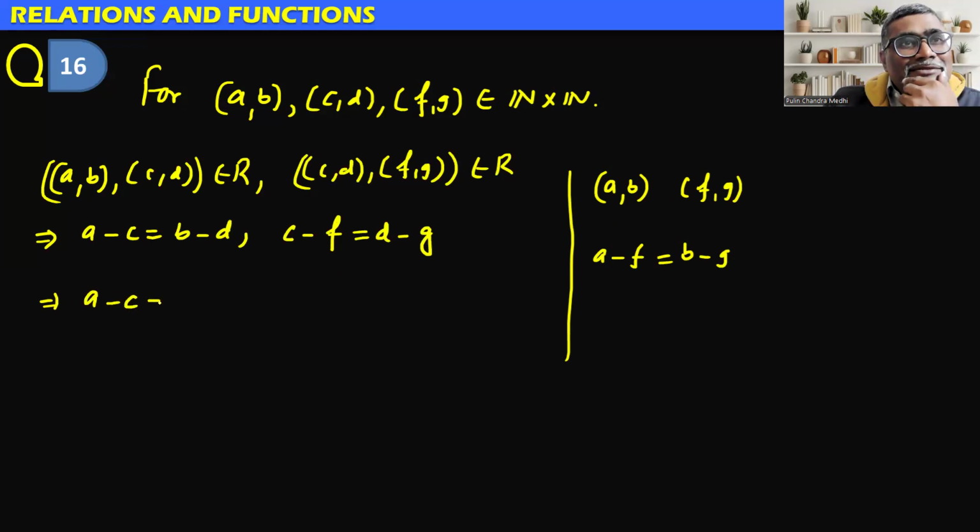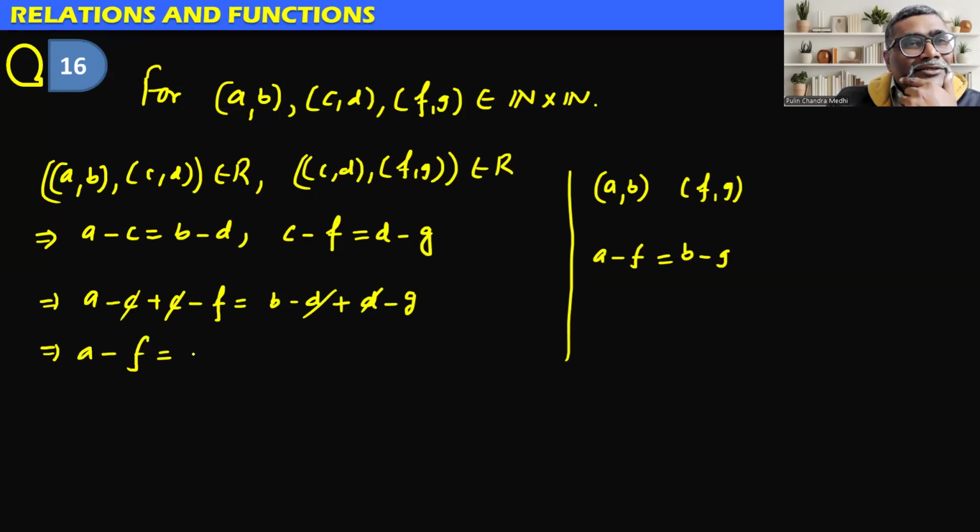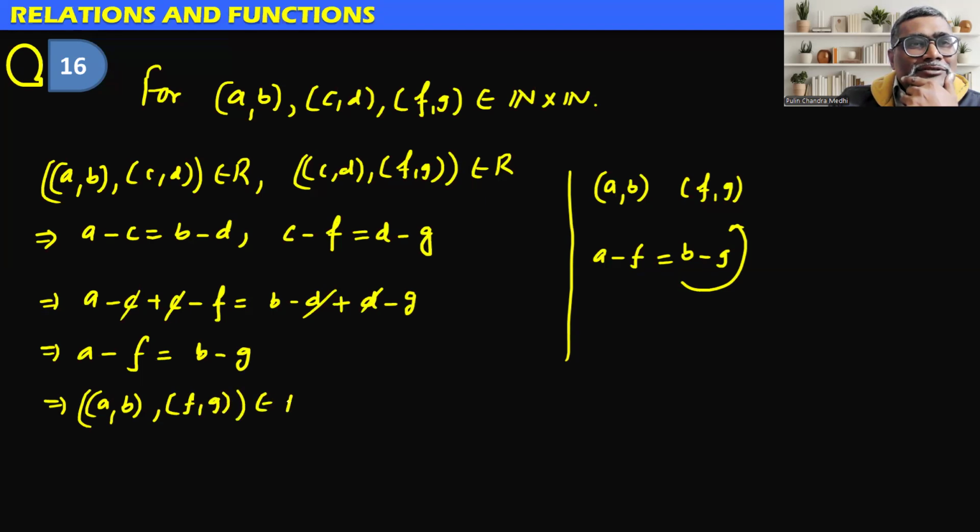If I add these equations, you can see what will happen: B minus D plus D minus G. This is getting cancelled, this is getting cancelled, and very obviously you are getting this. And now if you get this, you can get back to that: (A, B) and (F, G) belongs to R. So that's it. Therefore, R is transitive.